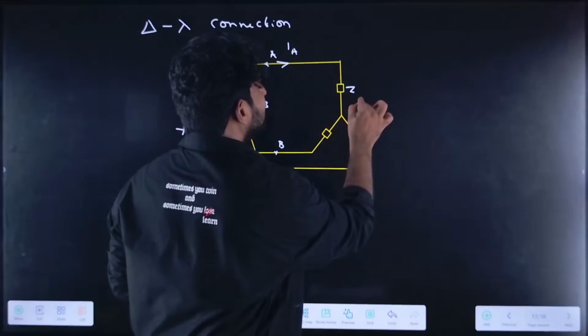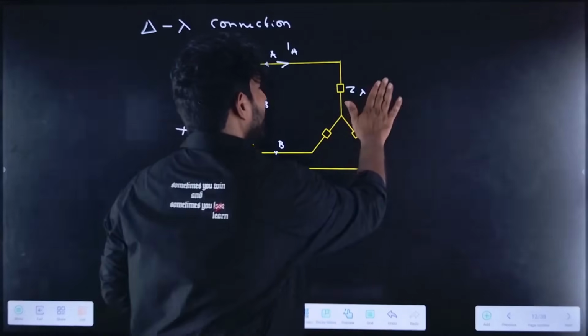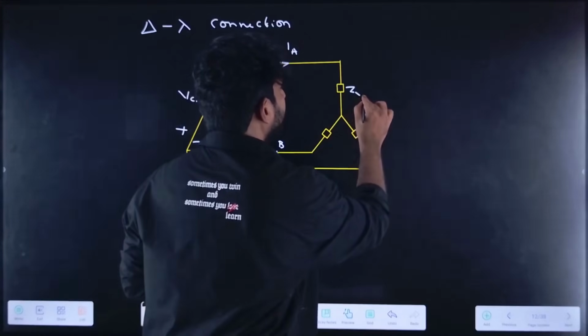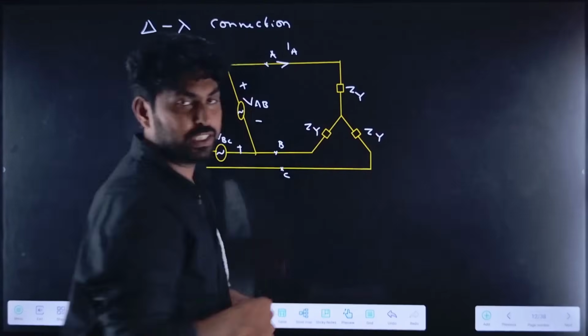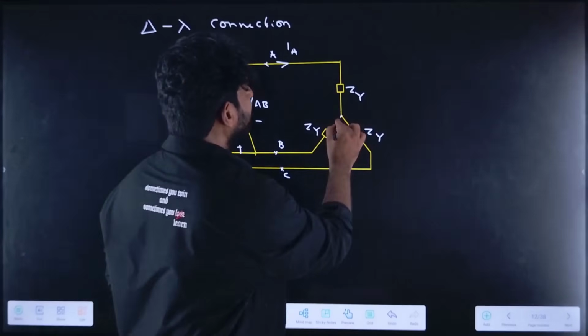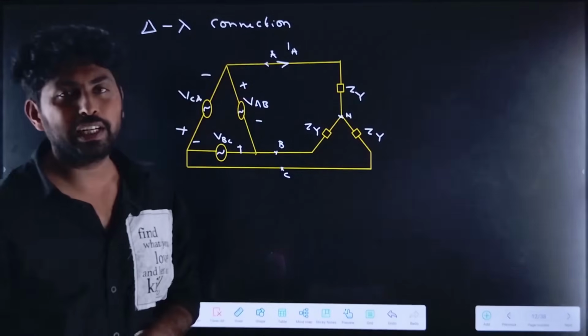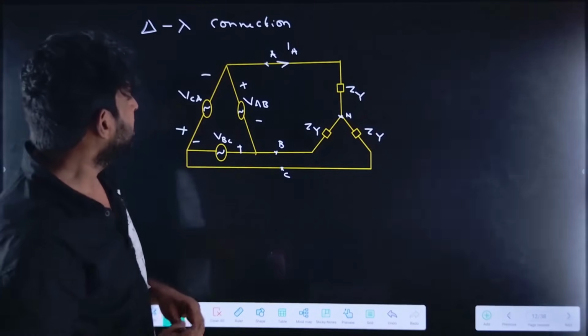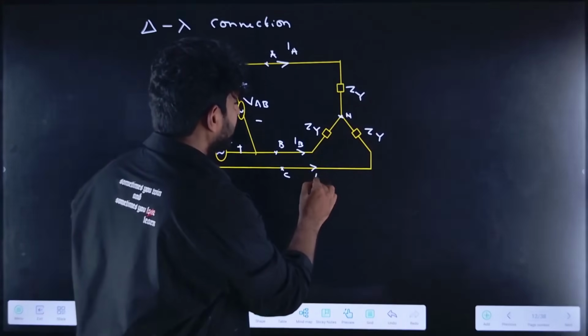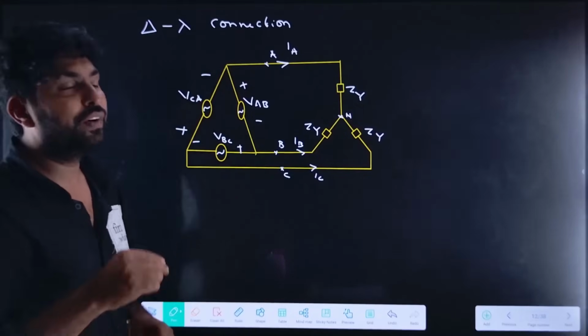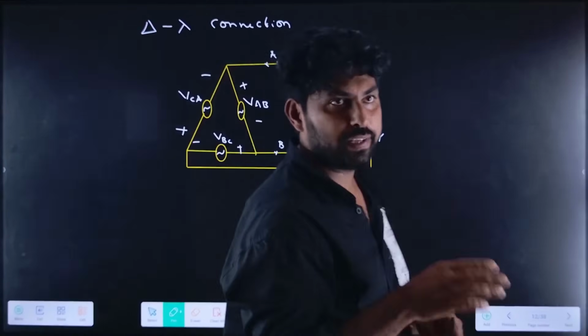Let me call the load impedance Z star, ZY, in each branch. Let us assume a balanced load condition, and here is the neutral terminal, with currents IB and IC. Now what we need to find are the line currents and phase currents.